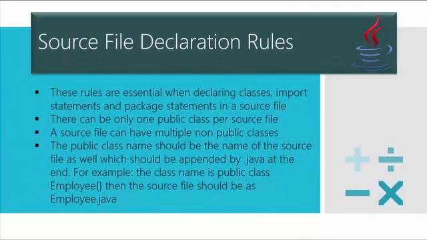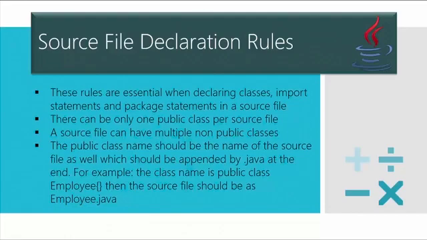Here are some additional important source file declaration rules. As we begin to work with Java more and more, we'll use the editor, for instance, and I'll demonstrate what these file declaration rules are and what we mean by them. Essentially, these rules are important when declaring classes, import statements, and package statements in a source file. There can be only one public class per source file.